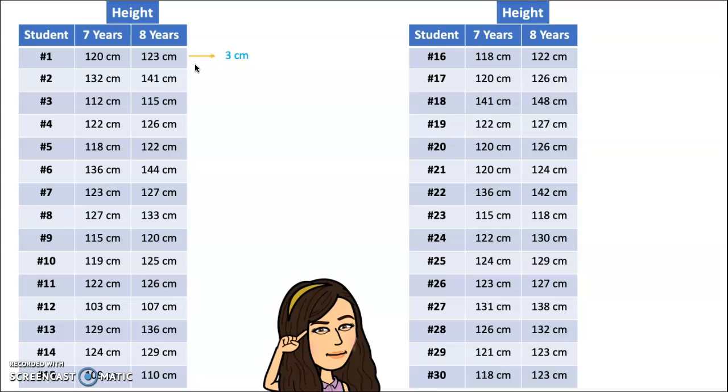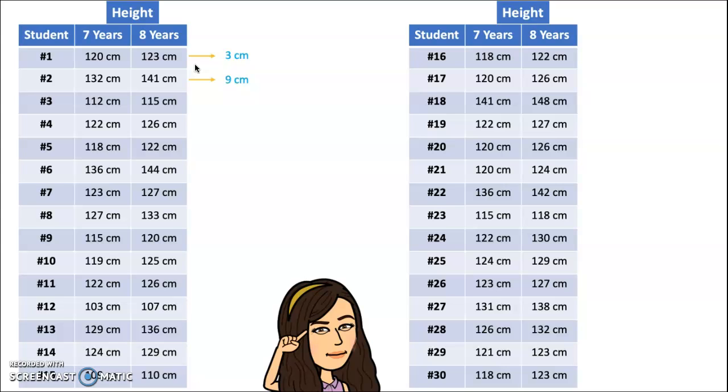Let's look at student number 2. Student number 2 used to be 132 centimeters, but then she grew, and she is now 141 centimeters. So what is the change in height? How much taller is she now? Student number 2 is now 9 centimeters taller.